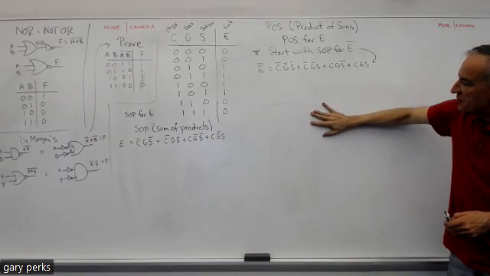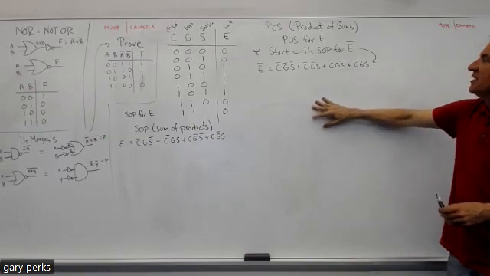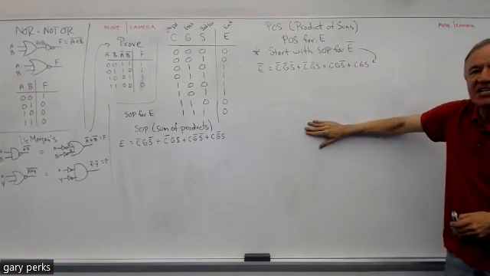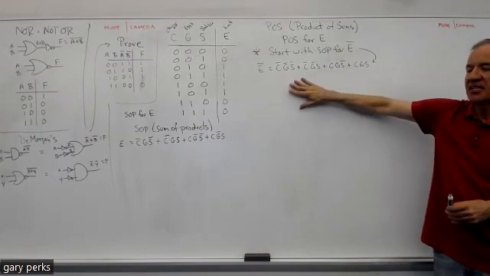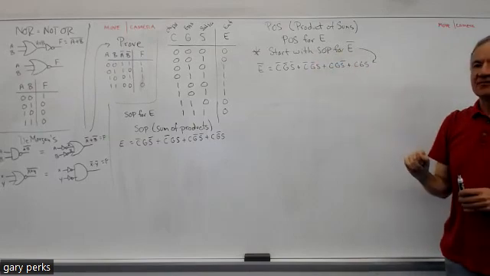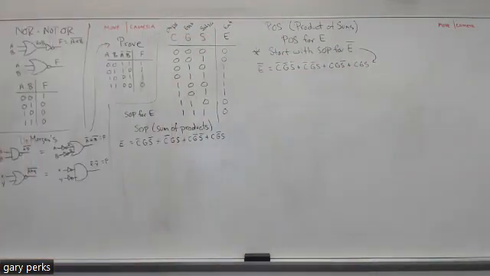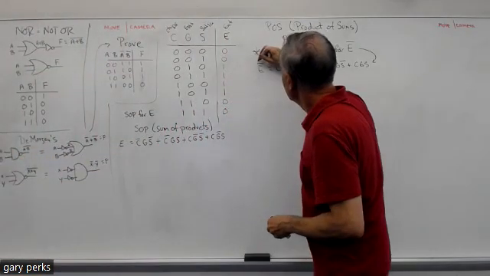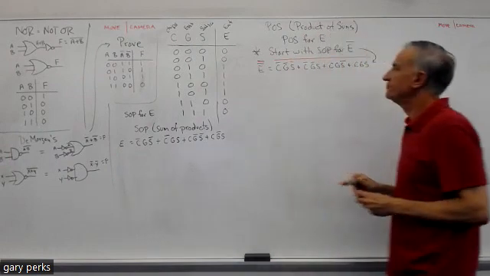And the reason I'm doing what I'm about to show you is to get POS for E. So I'm going to show you the derivation of what we need to do to go from SOP for not E to POS for E. The first thing we're going to do is not both sides of the equal sign. So I'm going to not this side and I'm going to not this side.